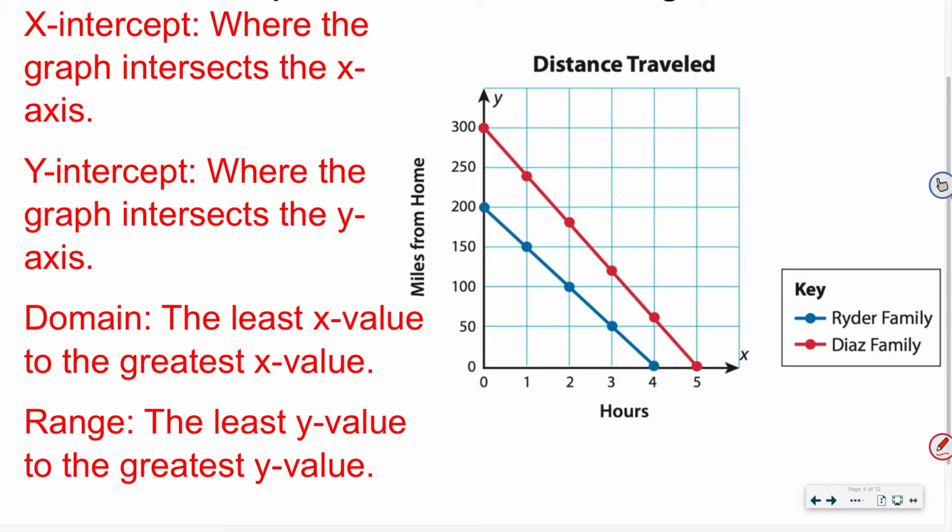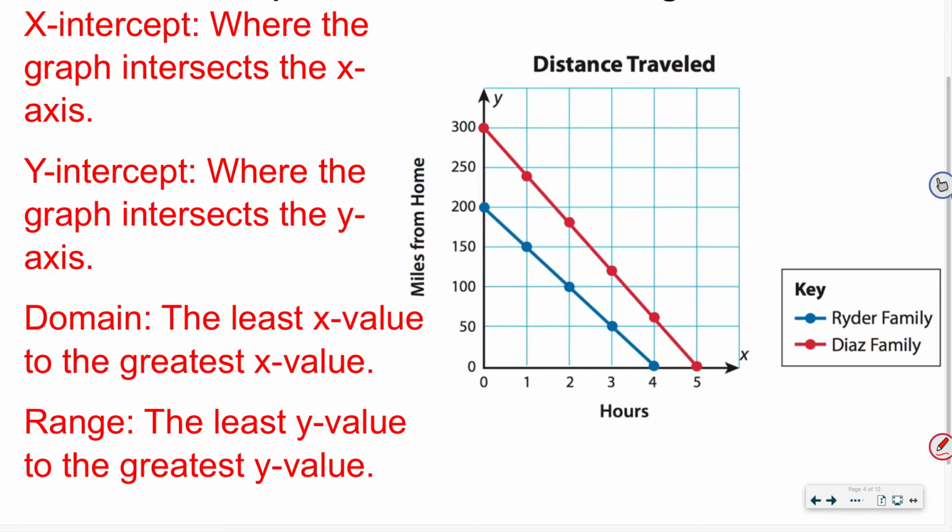When we talk about the y-intercept, we know that it's where our line crosses the y-axis. How else could we explain that value? It's our y value when x is 0.